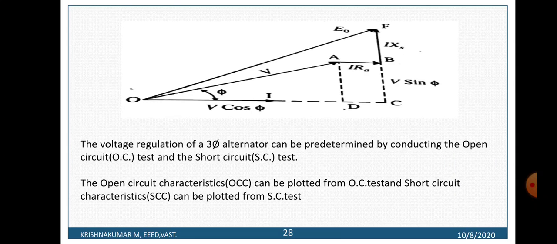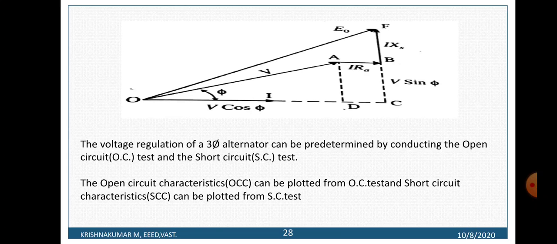So from this phasor diagram, E0 is the no load induced EMF and V is the terminal voltage.